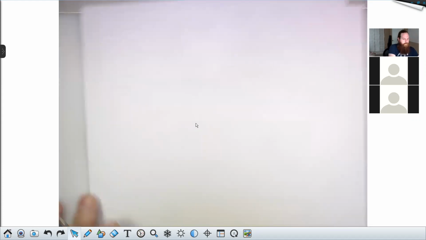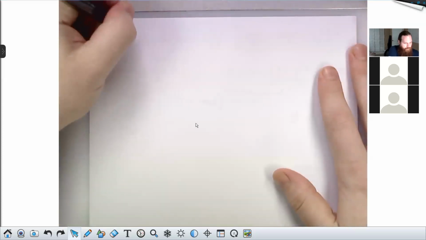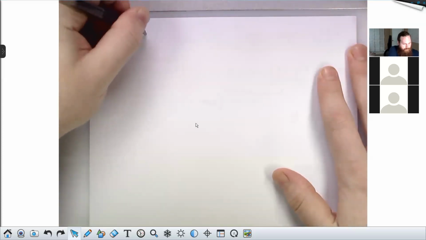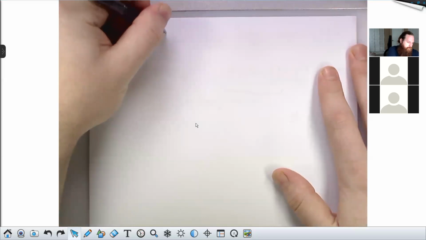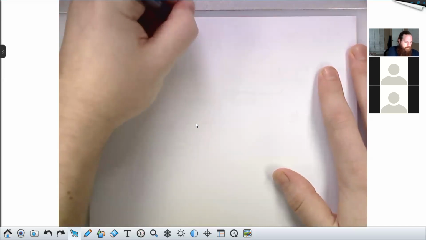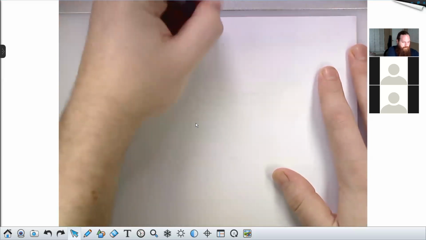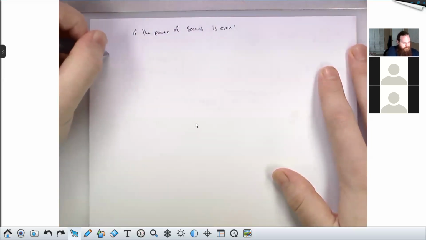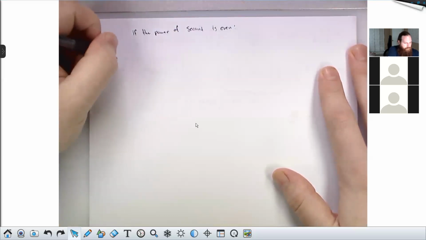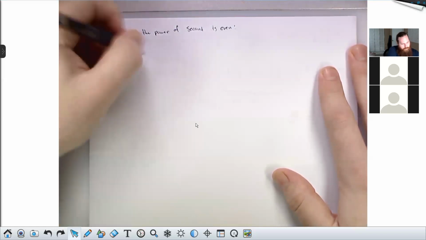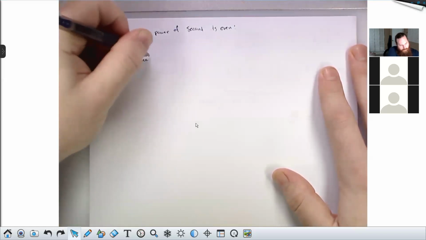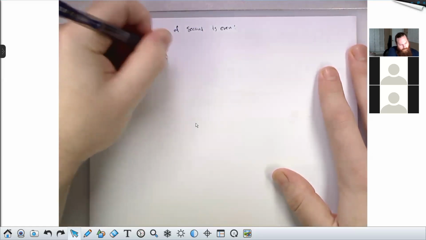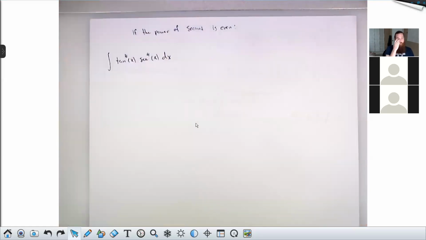So, if the power of secant is even, I'll make this like this, so there's only one possible attack here.